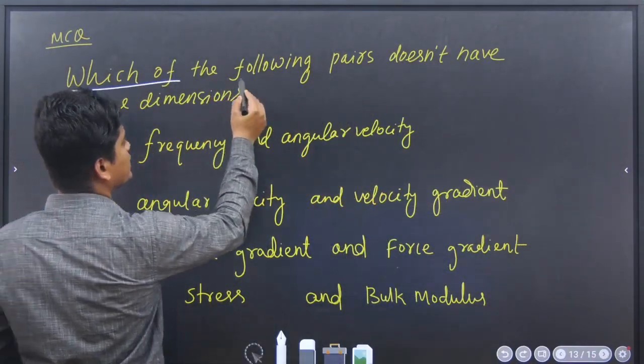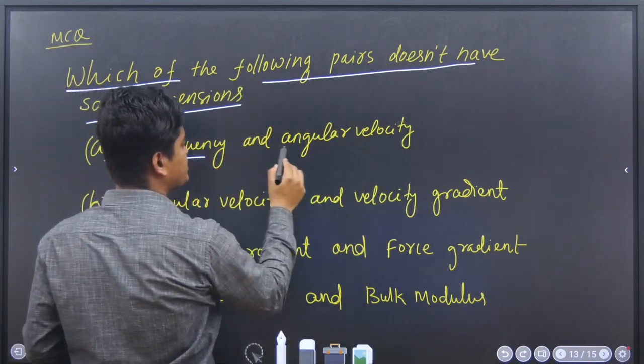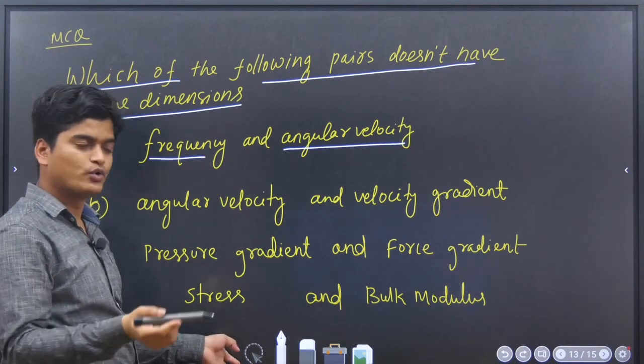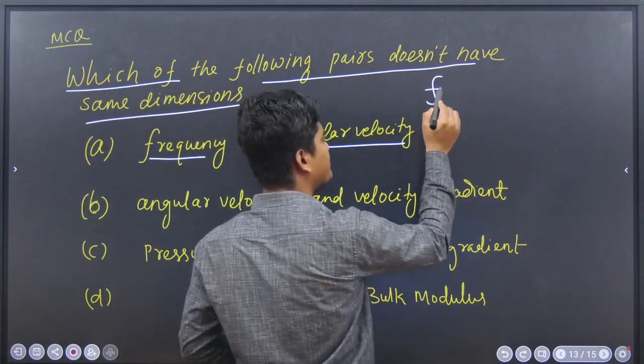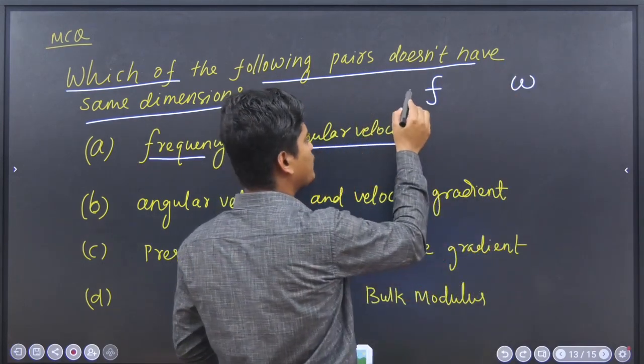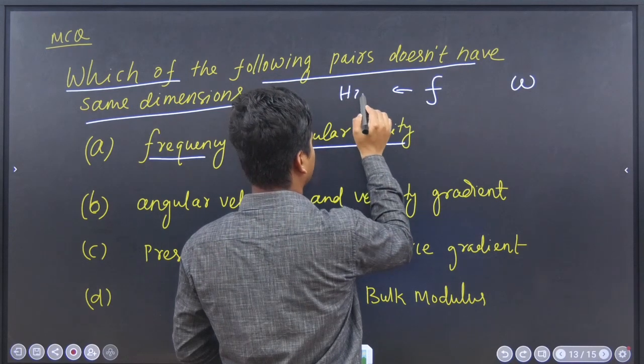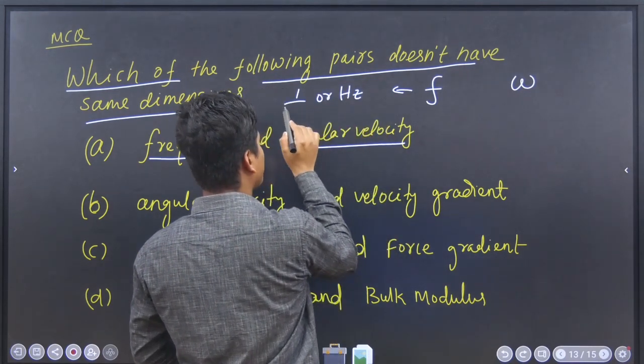Which of the following pairs does not have the same dimensions? Frequency and angular velocity. We have already discussed frequency, symbol f, which is called linear frequency. Angular velocity is omega, and frequency is nothing but hertz, or you can write 1 by second.